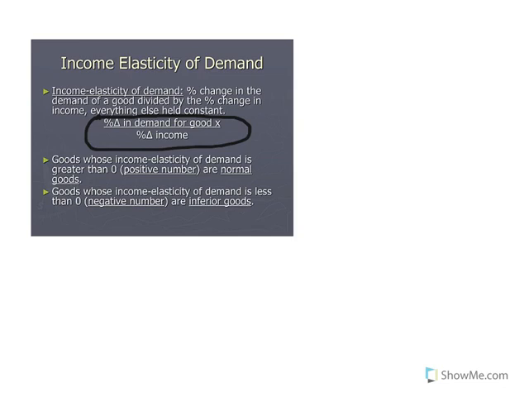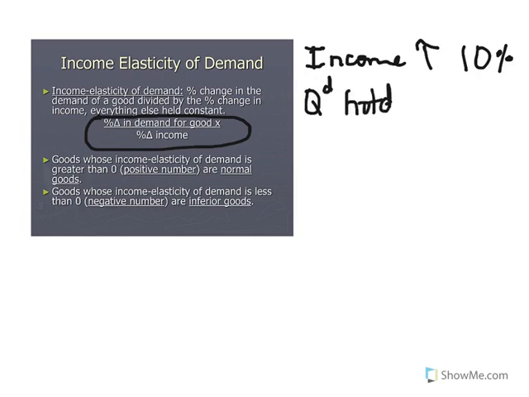So let's say, for example, that your income increases by 10%, and that causes the quantity demanded of hot dogs to decrease by 20%.